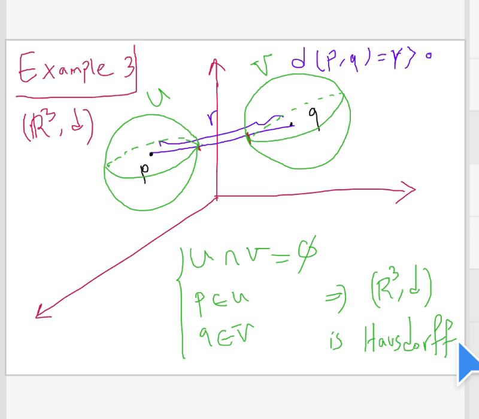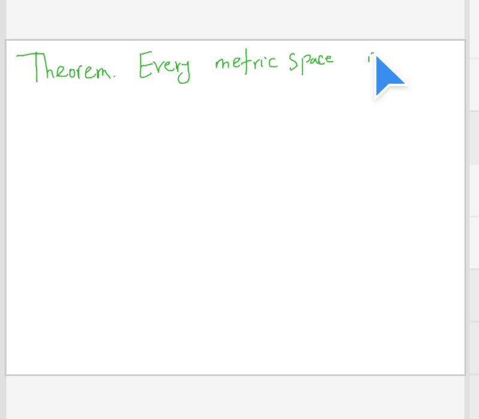Okay, I give you a theorem here. By this example, I can say that theorem: every metric space is Hausdorff.